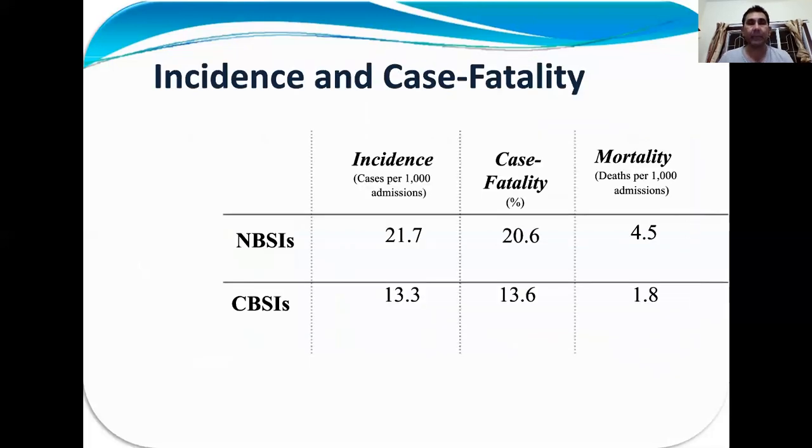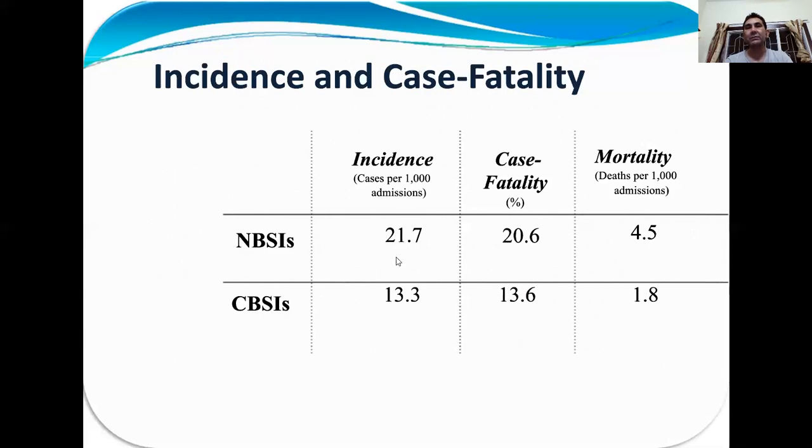Now see the result displayed in front of you, the incidence and case fatality. Here is the nosocomial bloodstream infection and the community bloodstream infection, meaning community acquired infection. The incidence rate in nosocomial infection is quite a bit higher as compared to community acquired infection.